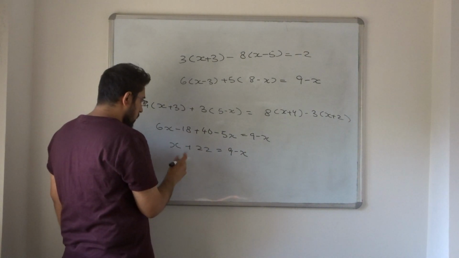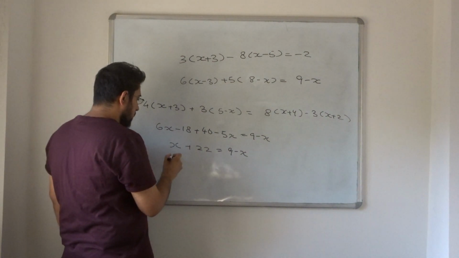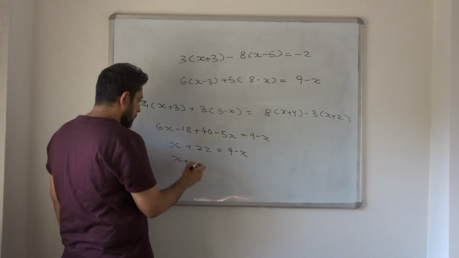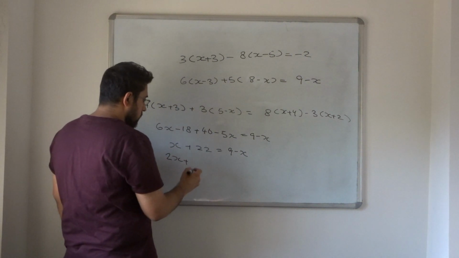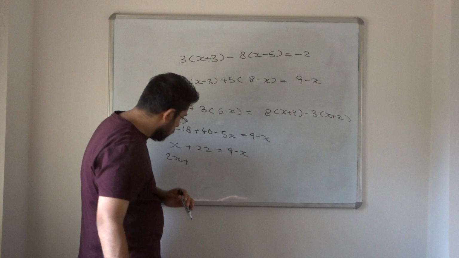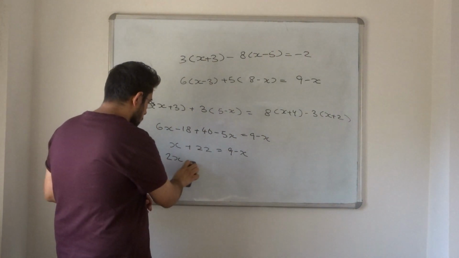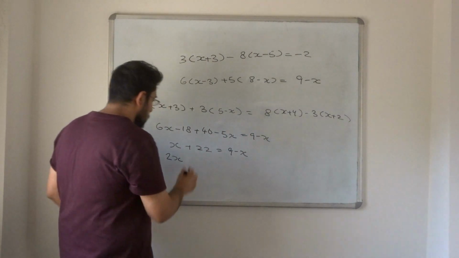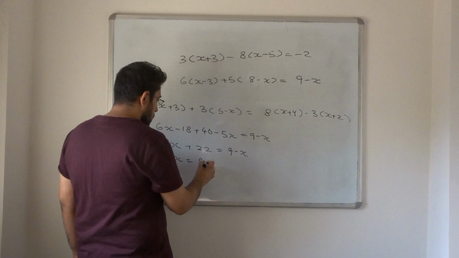Since this is negative, it comes to this side, it becomes positive, so that will become 2x. 2x equals 9 minus 22.